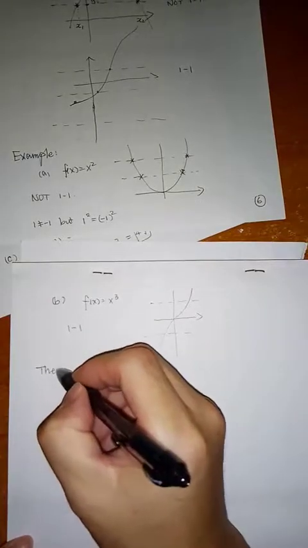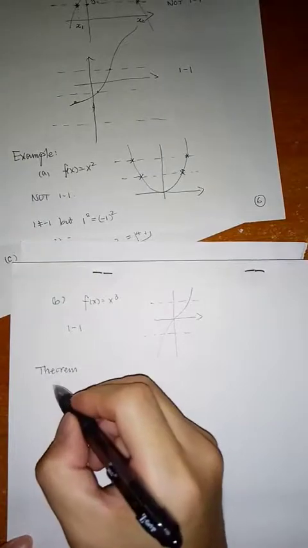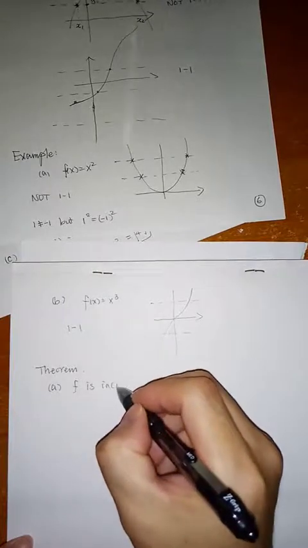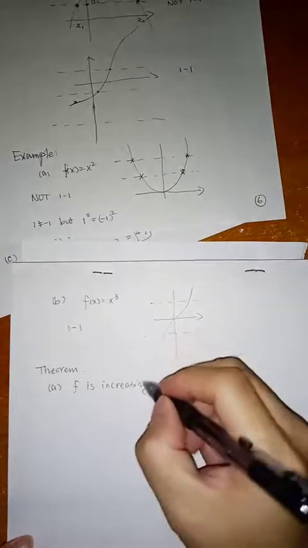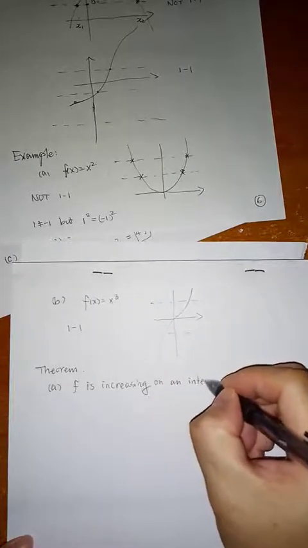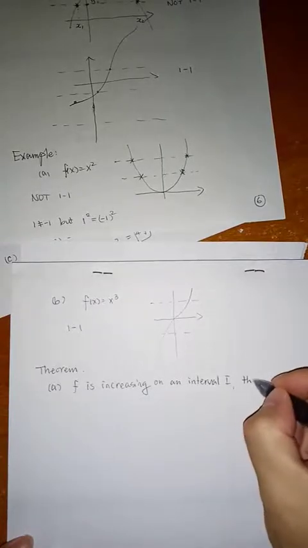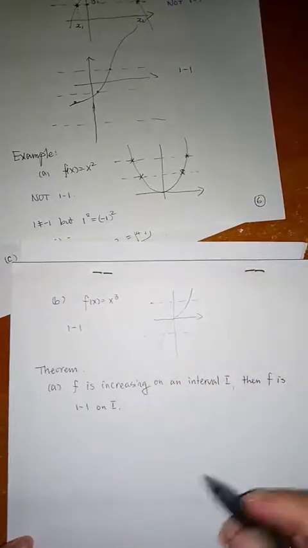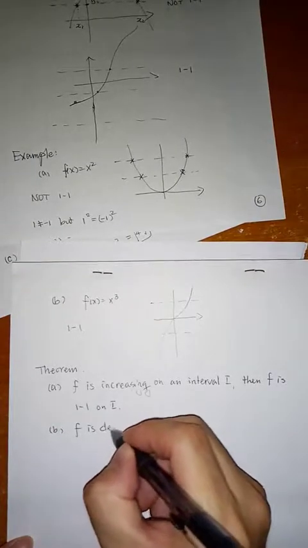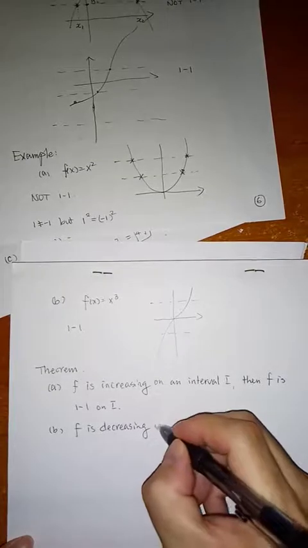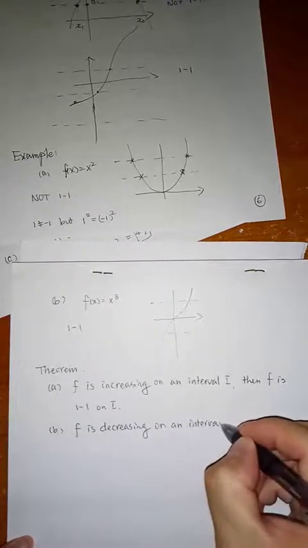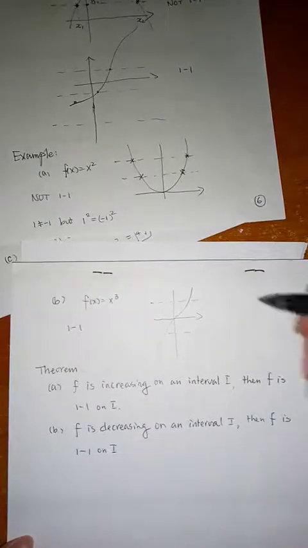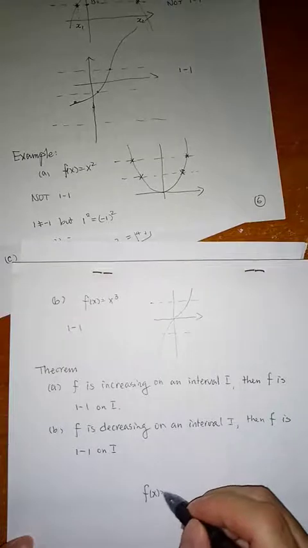So we have a theorem. Part 1, if f is increasing on an interval I, then f is one-to-one on I. So like this, if it's increasing, it's one-to-one. Part B, if f is decreasing on an interval I, then f is one-to-one on I. Decreasing, you can consider f(x) as negative x cubed.